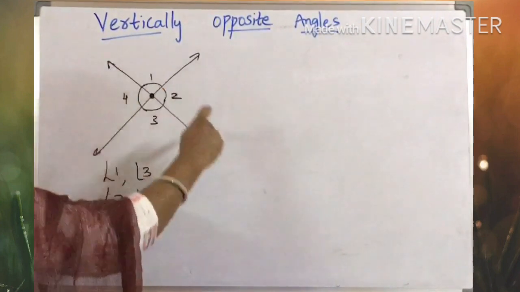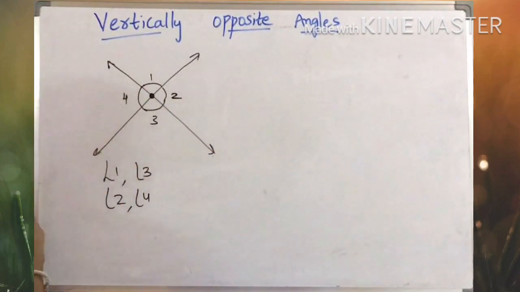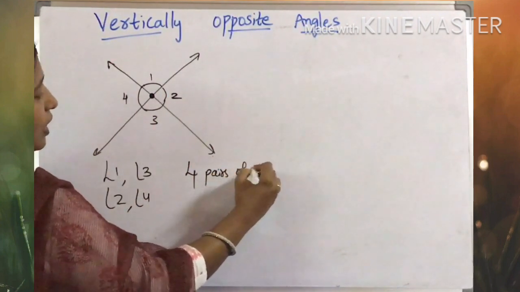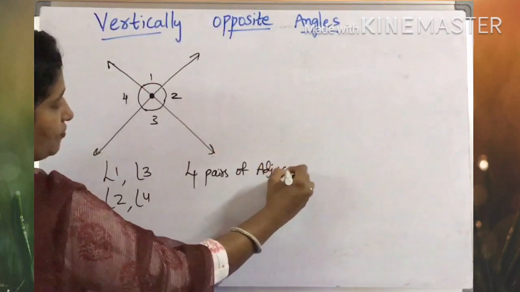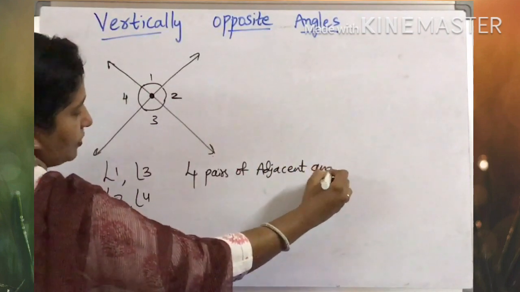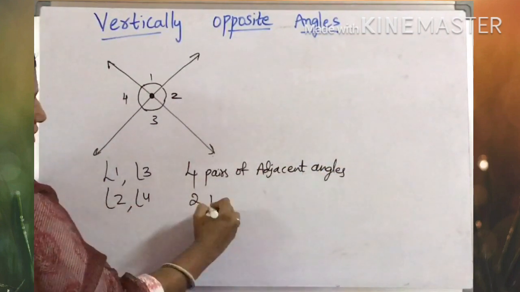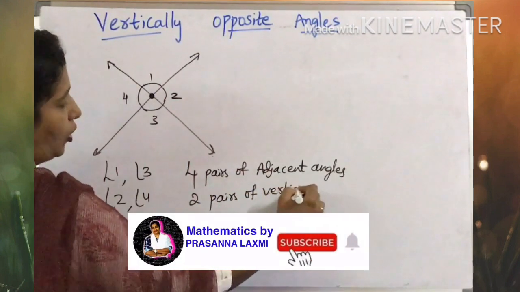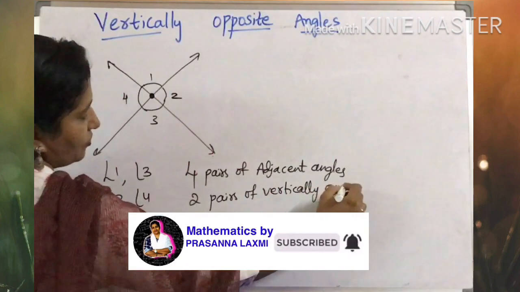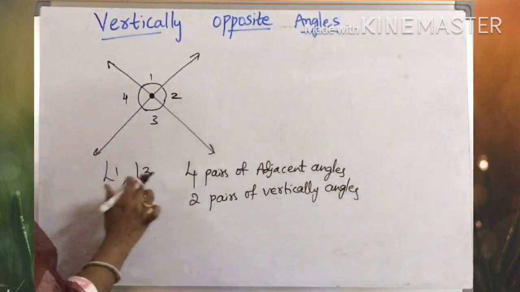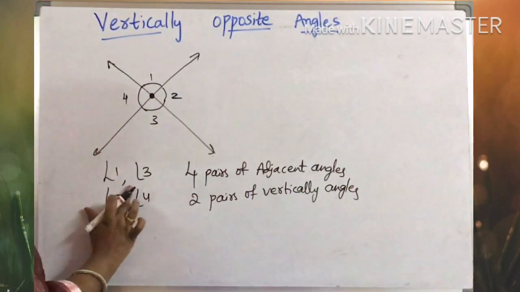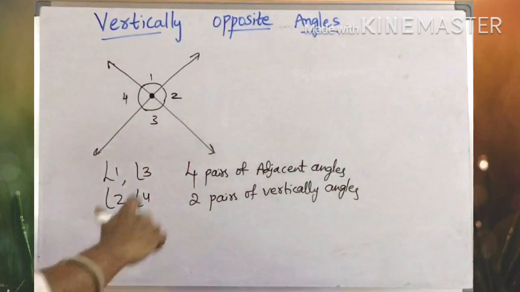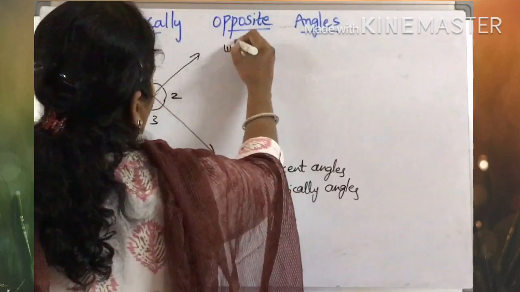So whenever two lines intersect, totally we will get 4 pairs of adjacent angles and 2 pairs of vertically opposite angles. So here angle 1 and angle 3 are vertically opposite angles and angle 2 and angle 4 are vertically opposite angles.